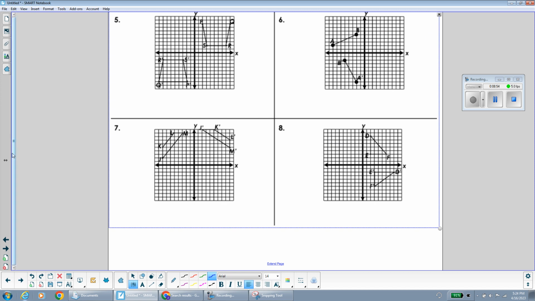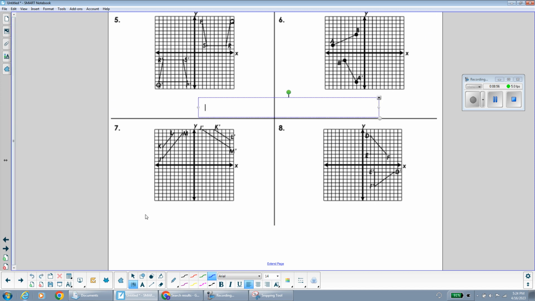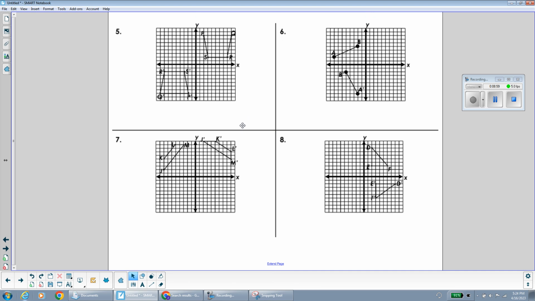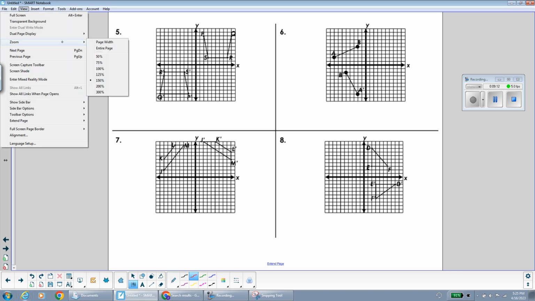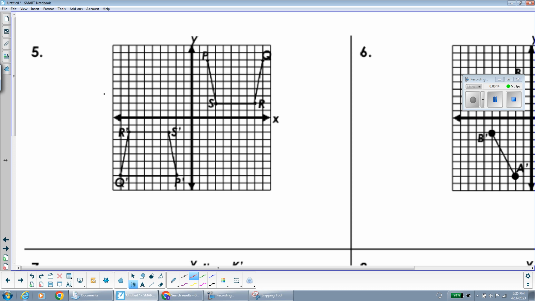Okay, moving on over here, what we're going to do is figure out what rotation happened. So we can take some of the points and see how the points change to figure out which rule was applied. So point P, let me make this a little bit bigger so that I can see this. There we go.